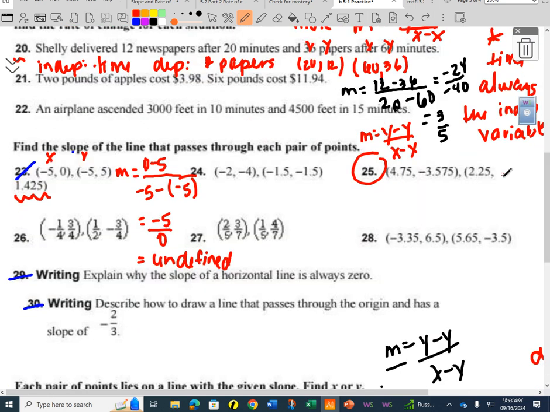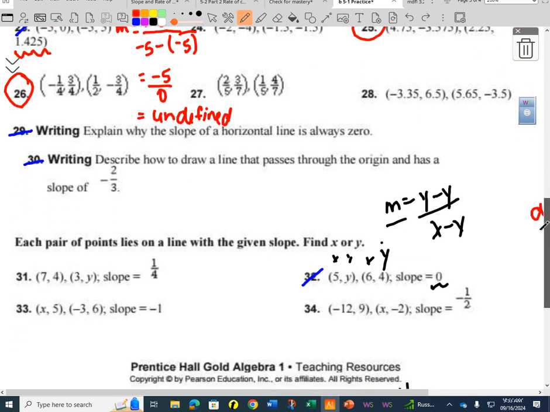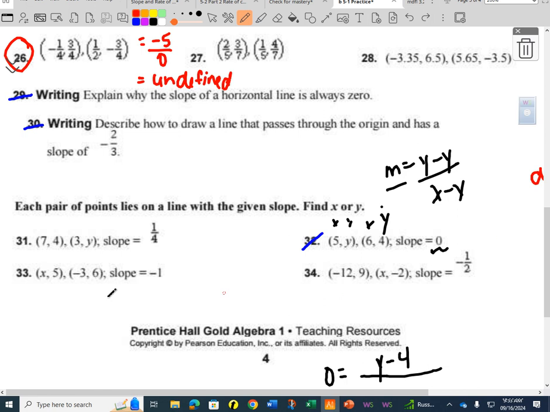Oh, you know what? I think I did this fraction one. So let's do number 26 together. One less fraction one we have to do, and I'm going to write it down here. So this one, we're just finding the slope, and it's got fractions. So I'm going to remind you how to do that on your calculator. So we're going to plug in y minus y, so these are the y's. So 3/4 minus negative 3/4.